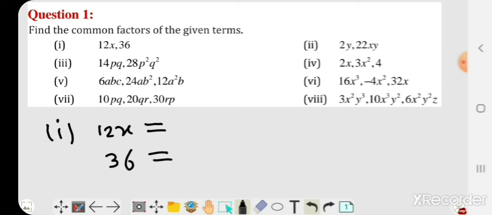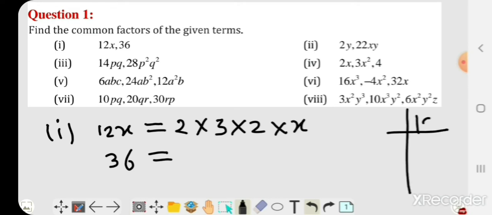So for 12 the factors are 2 3s are 6, 6 2s are 12 into x. Yes, if you don't know how to do, you can do like this also. 2 6s are 12, 2 3s are 6, 3 1s are 3. Number can be factorized in this way, 2 into 2 into 3. I have written here. Then x is also there, so into x.